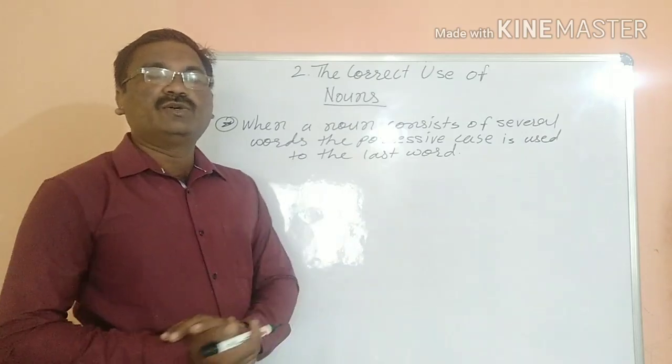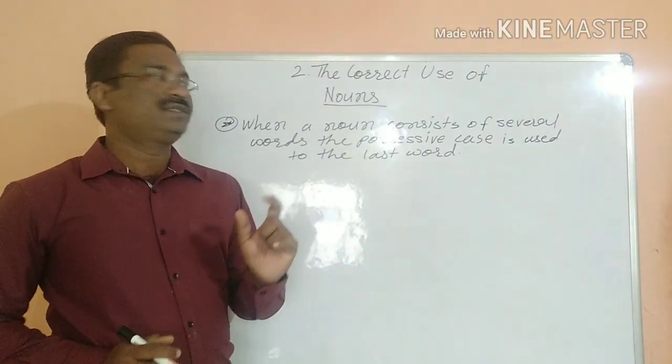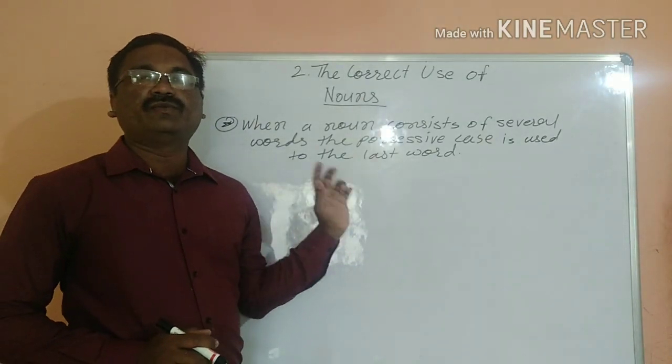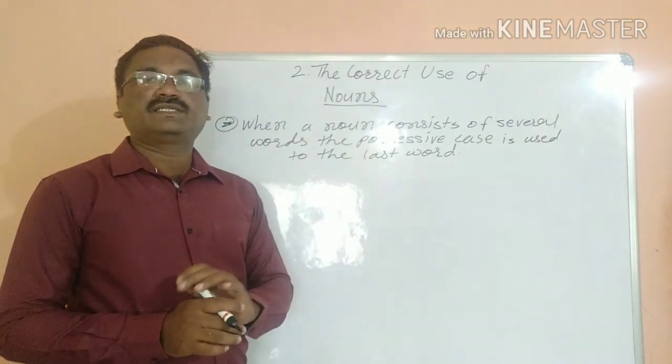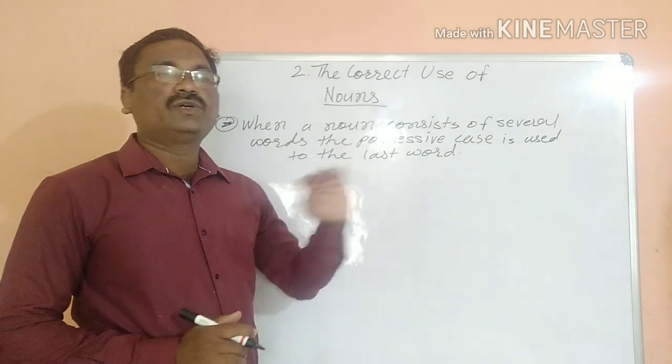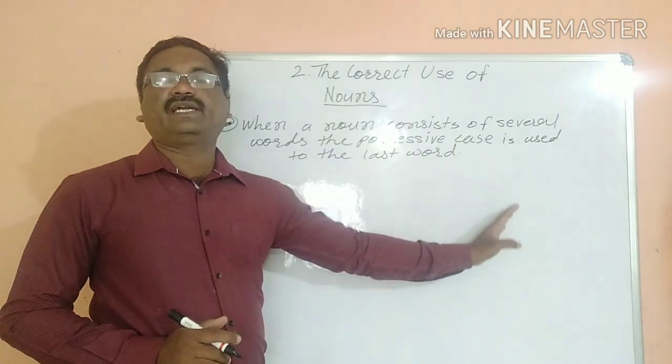Next. Suppose some nouns are not having only one word. If a noun, somebody's name, consists of several words, then the last word will take the possessive case.